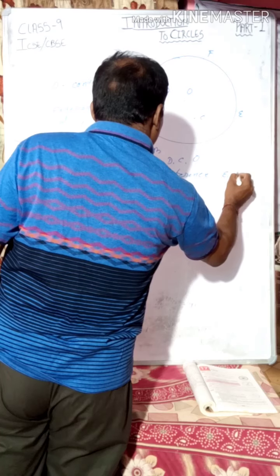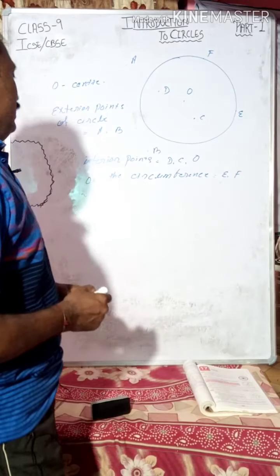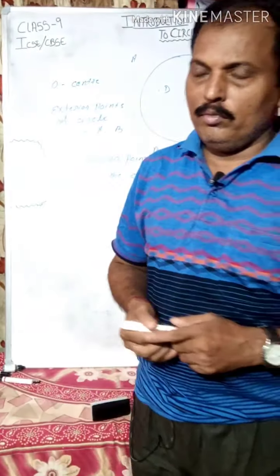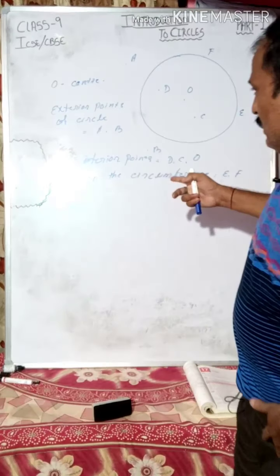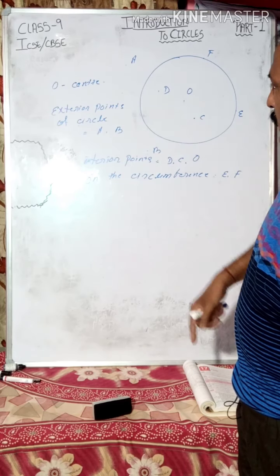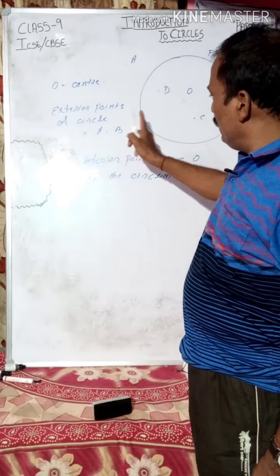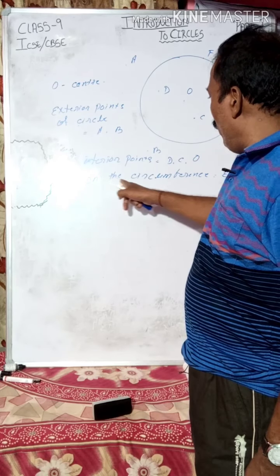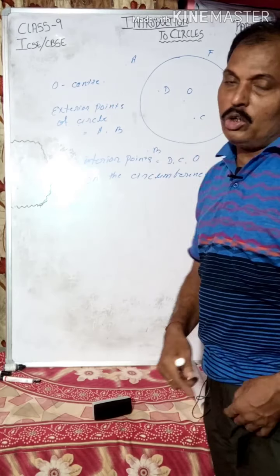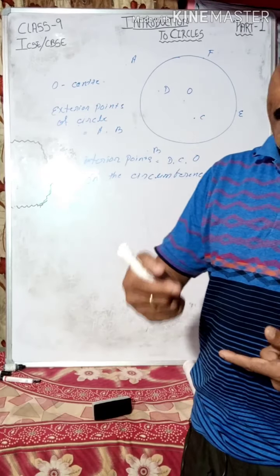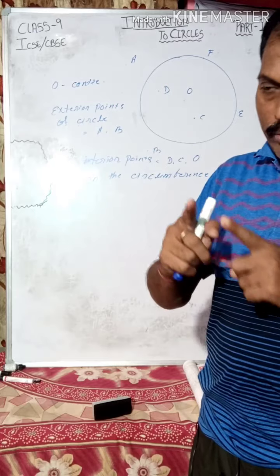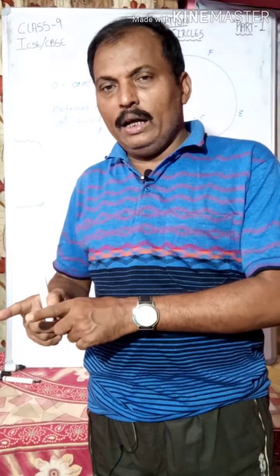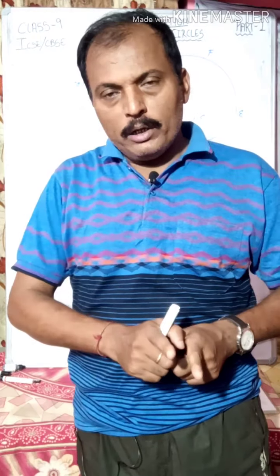So these are exterior points, interior points, and points on the circumference. We know in a triangle there is the exterior of the triangle, the interior of the triangle, and on the triangle.